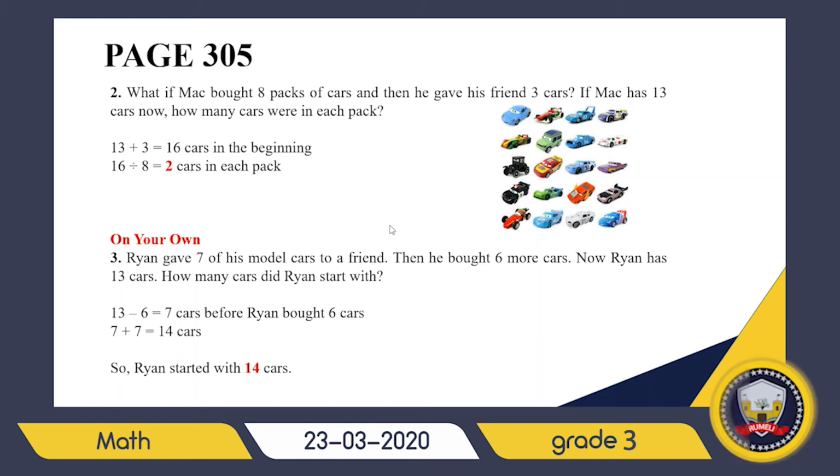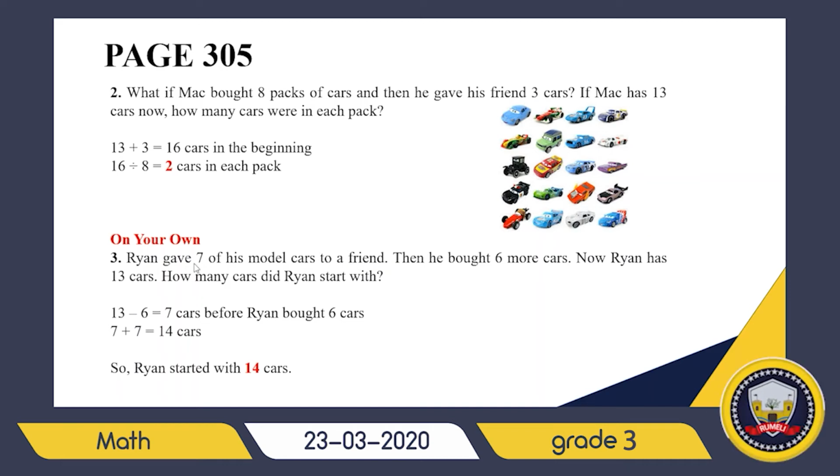Until now, I check it. So 7 cars represent what? It says Ryan gave 7 of his model cars to a friend. After he gave 7 of his model cars to a friend, he has 7 cars. So if you give something, remember question 2. If you give something, you lose it, right? So before he gave, how many cars did he have?